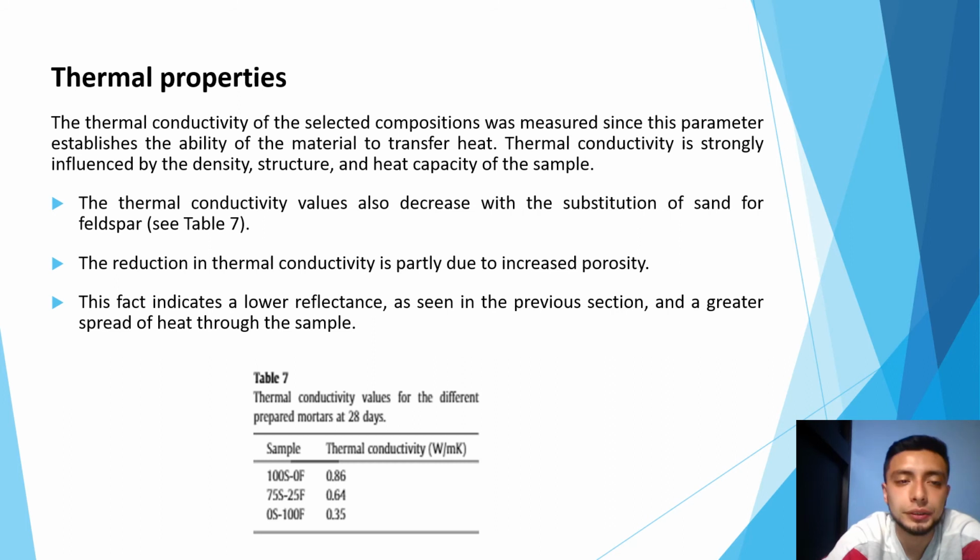Thermal properties. The thermal conductivity of the selected compositions was measured since this parameter establishes the ability of the material to transfer heat. The thermal conductivity is strongly influenced by the density, structure, and heat capacity of the sample. The thermal conductivity values also decrease with the substitution of the sand by the feldspar, see Table 7.